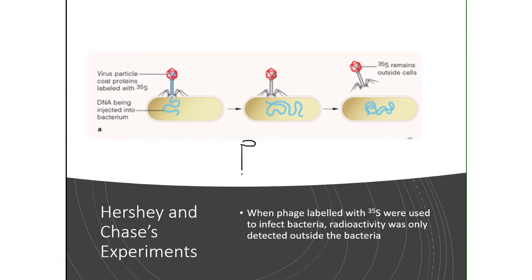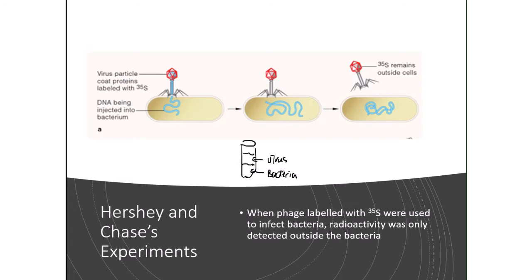Then they would spin it down in a tube, and the lighter virus would be on top and the heavier bacteria at the bottom. Because the viruses were allowed to infect the bacteria, these bacteria would now contain whatever the virus had injected into them.